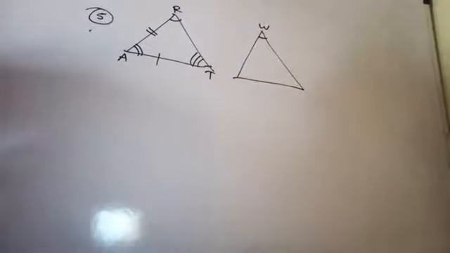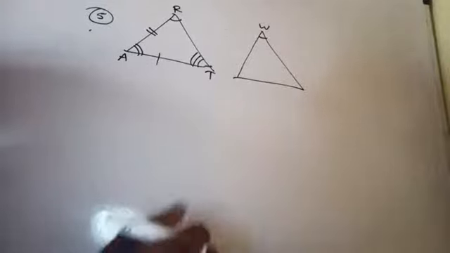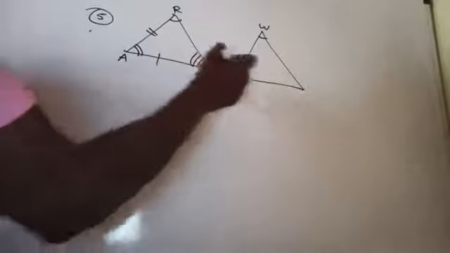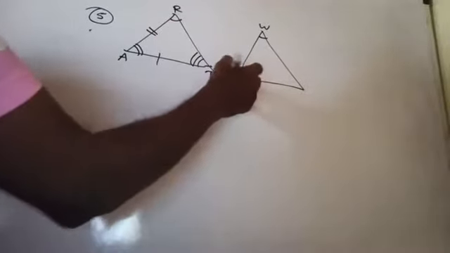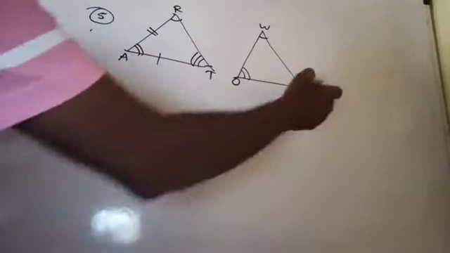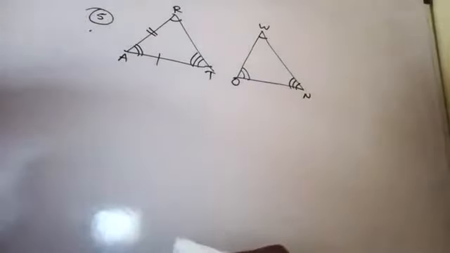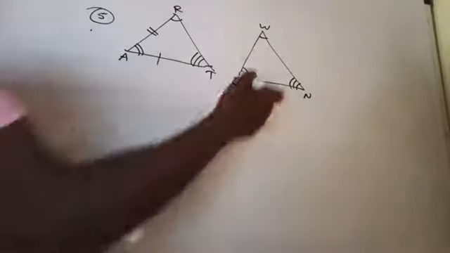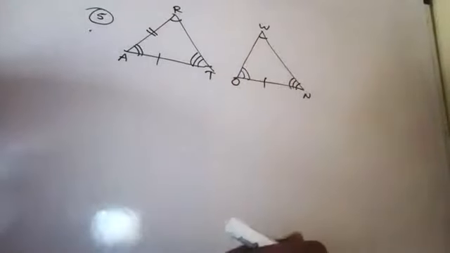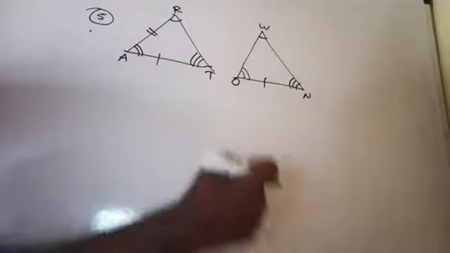And after that, angle A is equal to angle O, then it should be O. Then angle T equal to angle N, it is N. And then NO equal to AT. And then AR equal to OW.